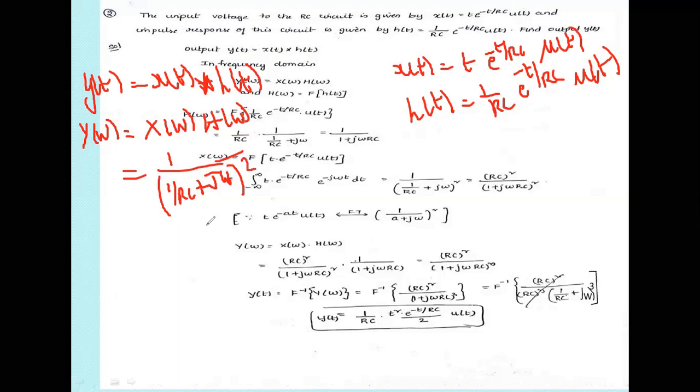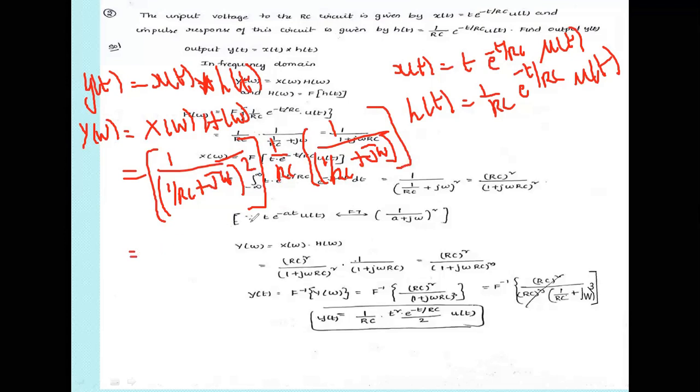1 by (1 plus RC j omega) whole square into H of omega. H of omega is also 1 by RC, the constant is already there, e power minus t. In the same way we get 1 by (RC plus j omega) whole, not the whole square, only the term j omega power 1.